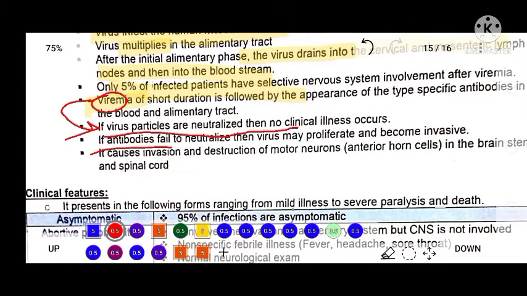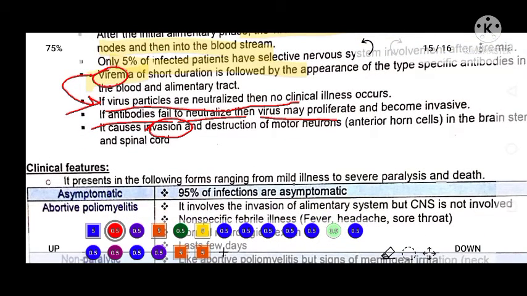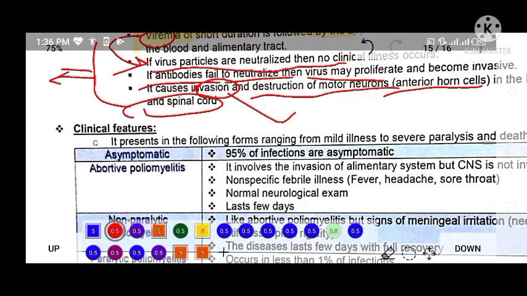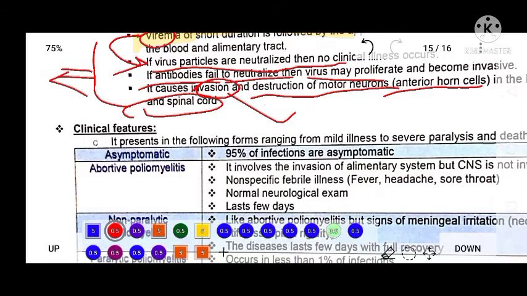If antibody fails to neutralize the virus, the virus proliferates and invades the body with destruction of motor neurons, and anterior horn cell destruction occurs, and destruction of the brain stem and spinal cord occurs. So once the destruction of the brain and spinal cord occurs, then the paralysis starts, and the person becomes paralyzed with the passage of time.